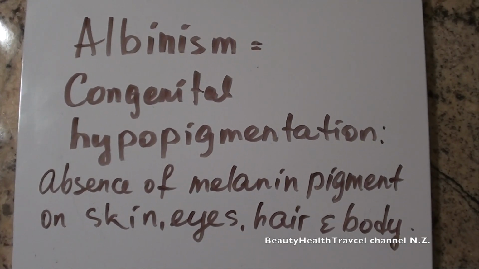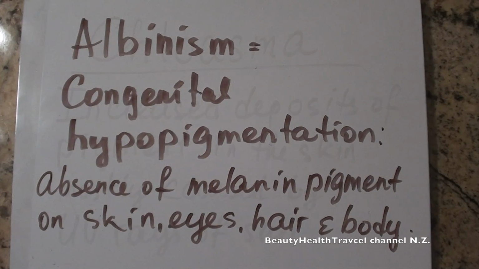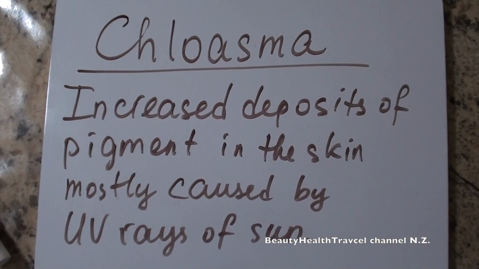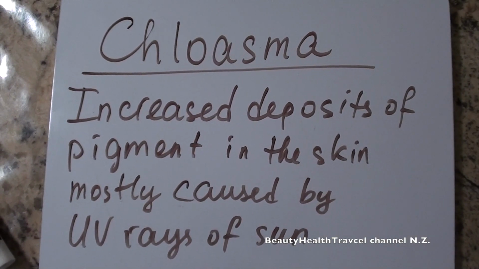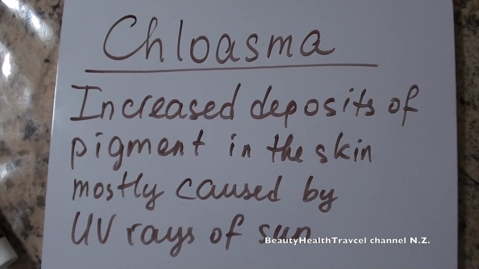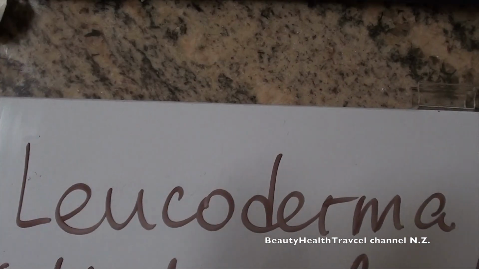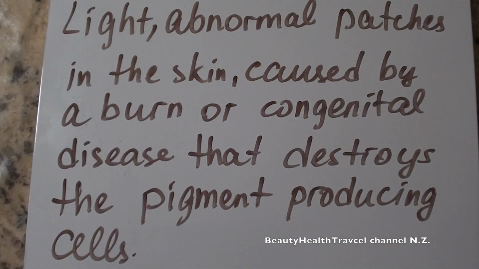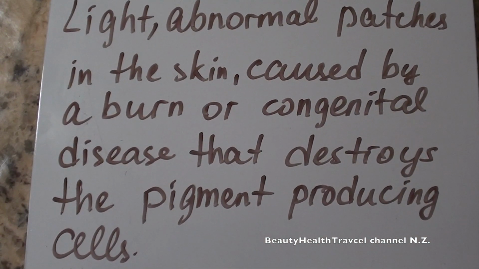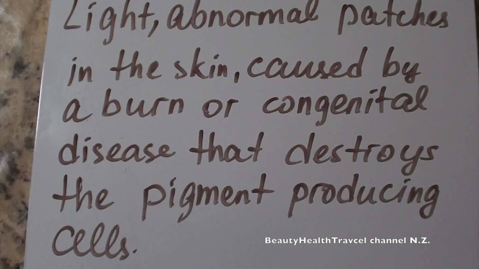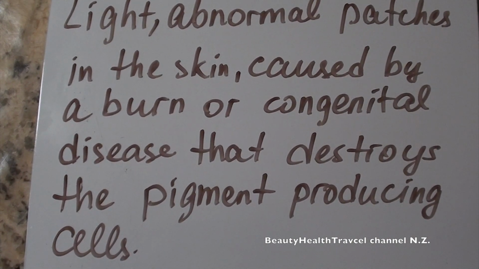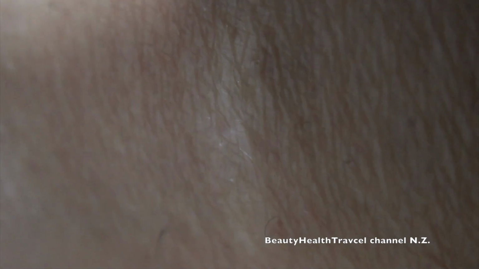Congenital means people are born with it. Chloasma is increased deposits of pigment in the skin, mostly caused by UV rays of the sun. Leucoderma, light abnormal patches in the skin caused by a burn or congenital disease that destroys the pigment producing cells.